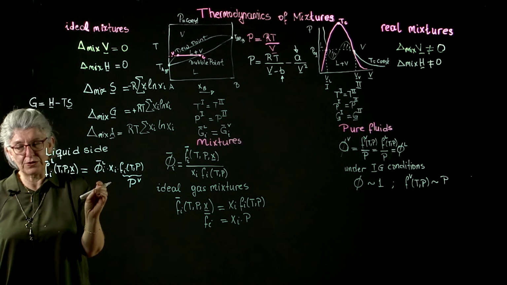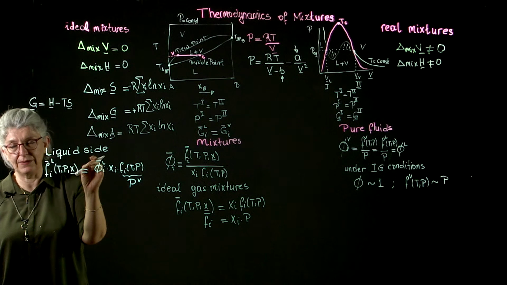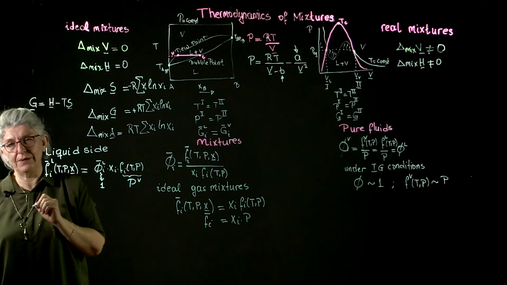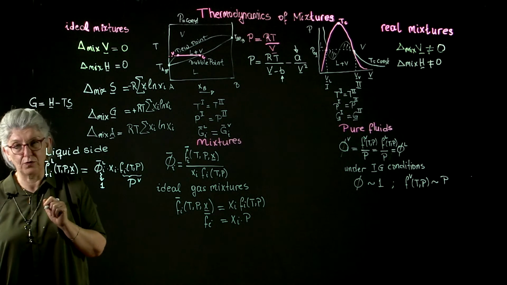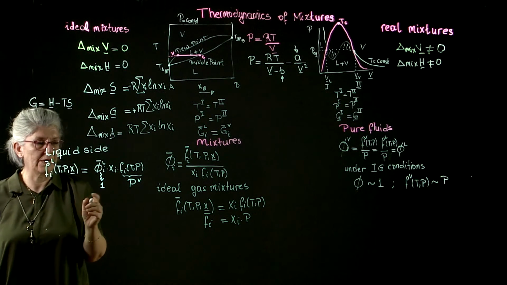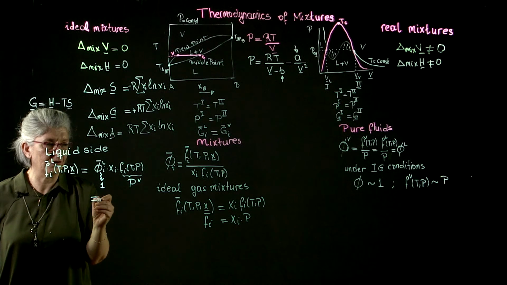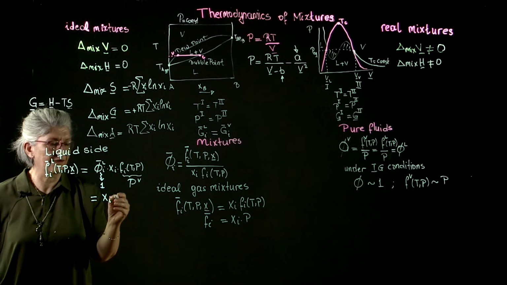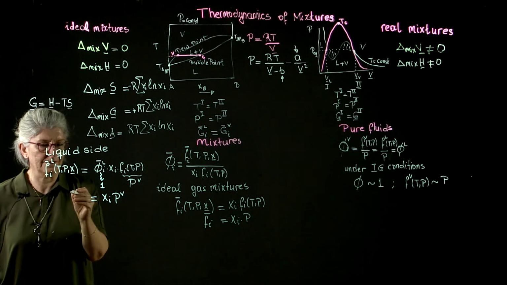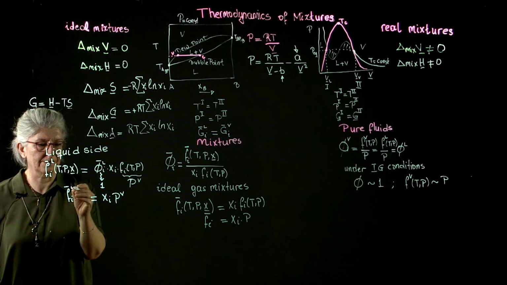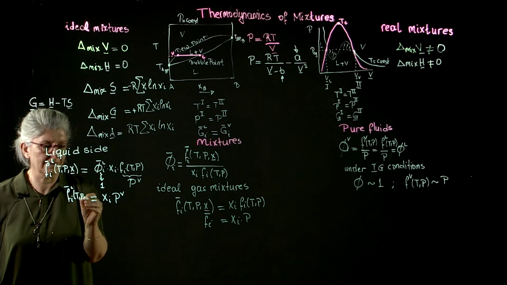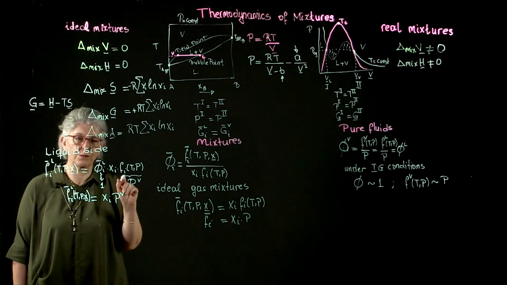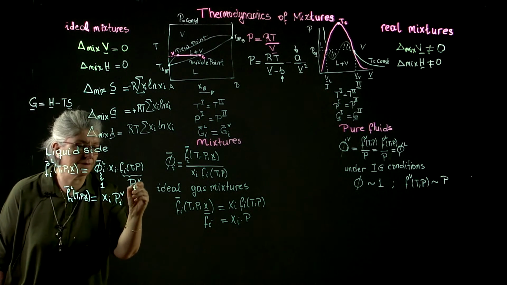The fugacity coefficient on the liquid side can be reduced to 1 for close to ideal mixtures, and on the liquid side we have an expression giving us the fugacity of the component I in the liquid phase.